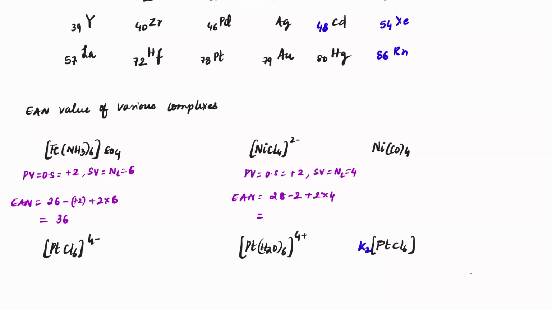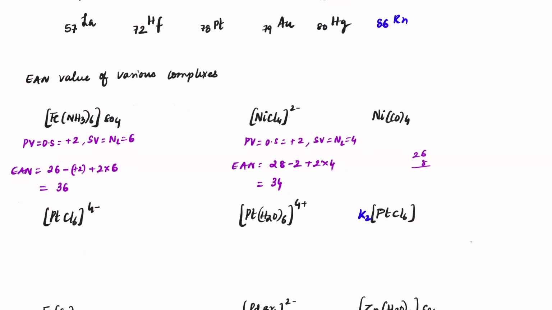So that is 8, and 28 minus 2 is 26. 26 plus, sorry, not 12, 8. So that makes it 34. So EAN value is 34.